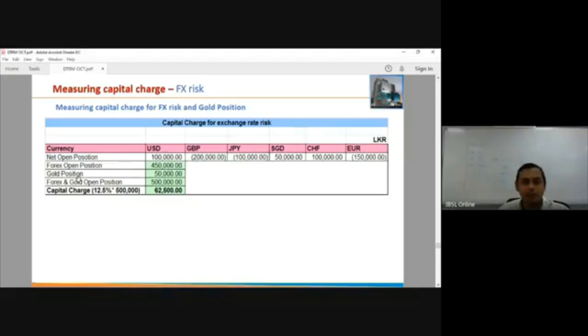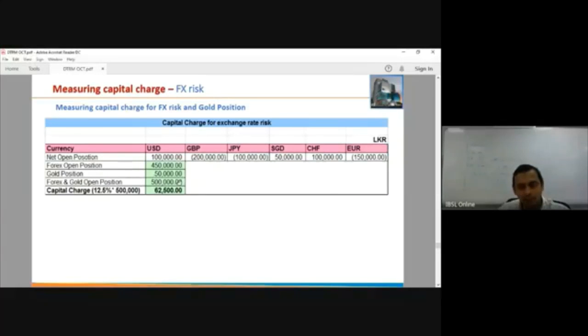Then similarly, you need to compute the gold position from your gold purchases and gold sales, right? So the net position in this example is 500. Therefore, the capital charge for your foreign currency and gold position together is 450 plus 50, 500,000.